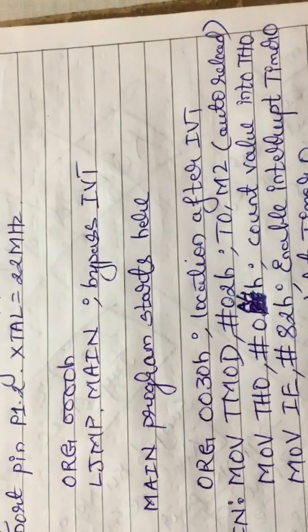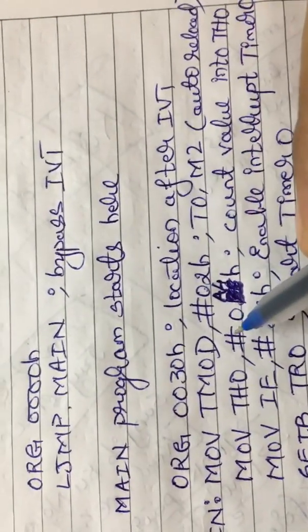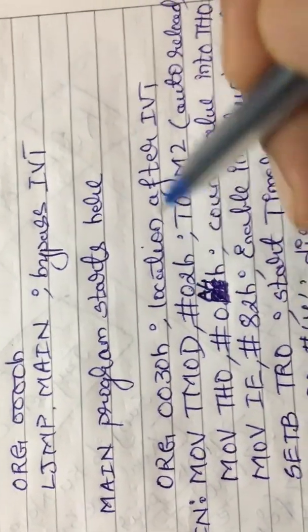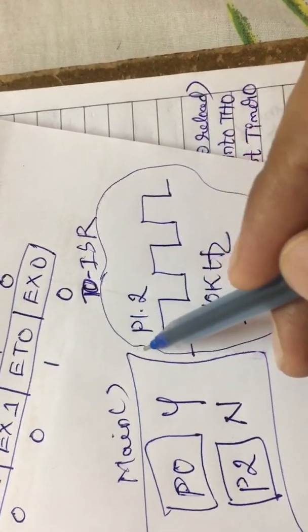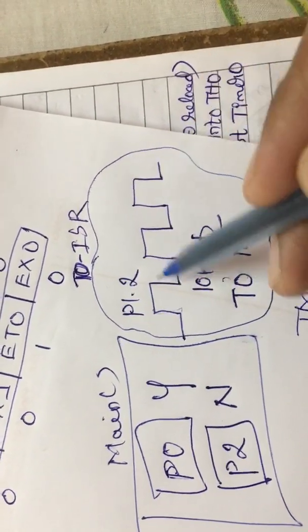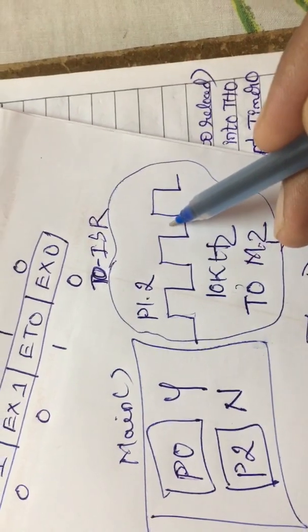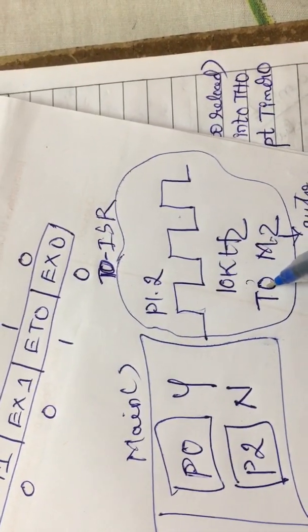Next, the most important one in writing the program for interrupt. As I said before, while doing the main program there is an interrupt to generate the square wave, right? Which interrupt is generating now? Timer 0 interrupt is generating.